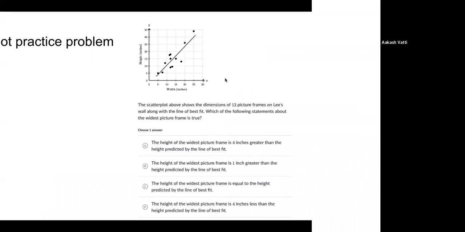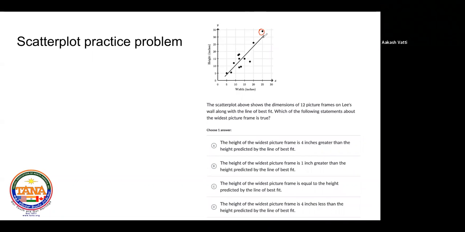And the line of best fit passes through the point 25, 30. So it's roughly 4 higher. Therefore, it would be A, because the line of best fit is 4 under the actual height of the picture frame. And therefore, the height of the picture frame is 4 inches higher than the height predicted by the line of best fit.